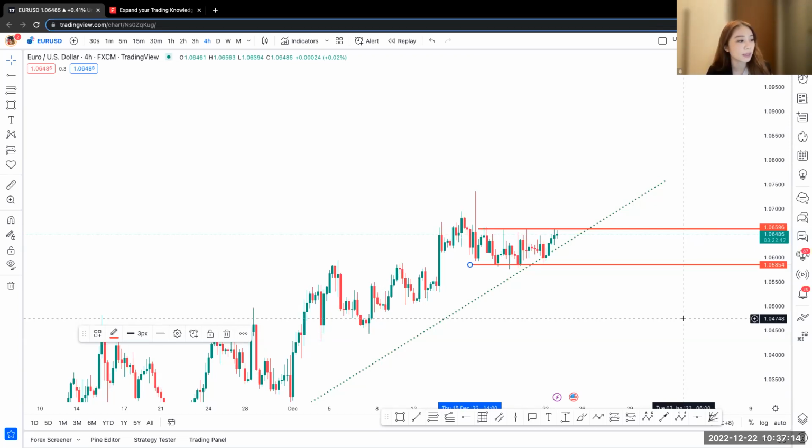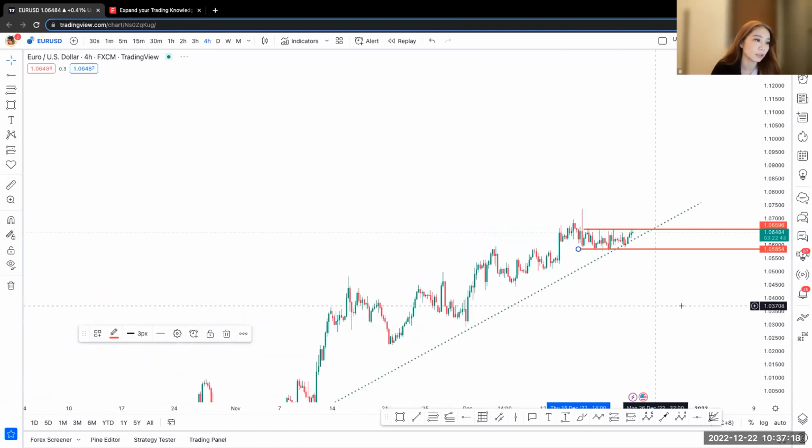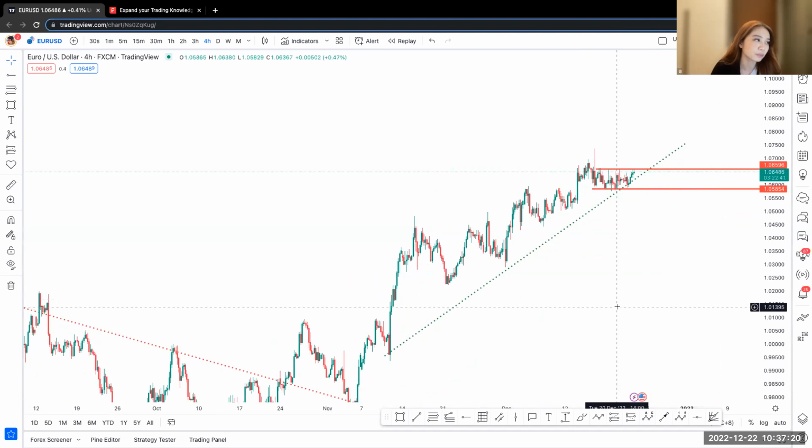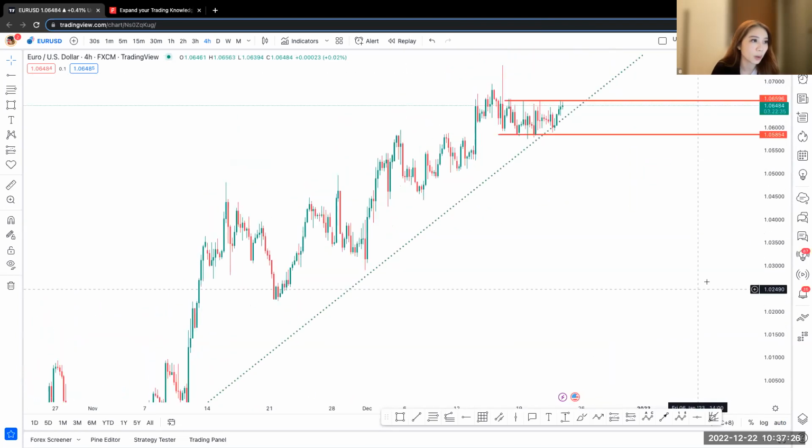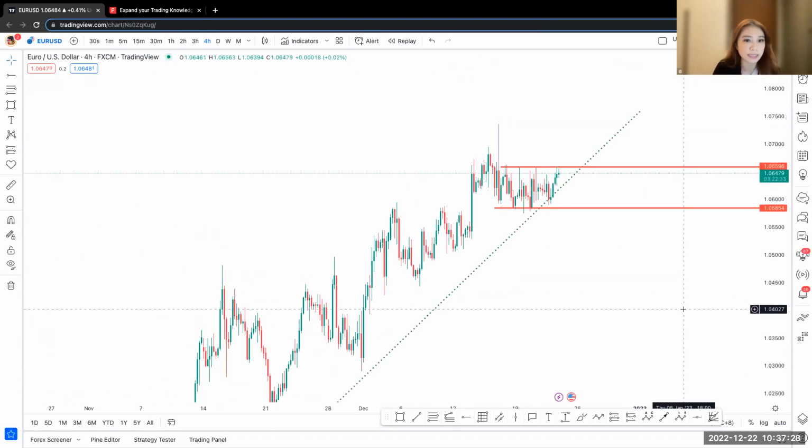However, we can't really confirm until price really cuts downwards from the upward moving trend support. For euro dollar, same as pound yen, I would say observe for a little while before you make a better entry.